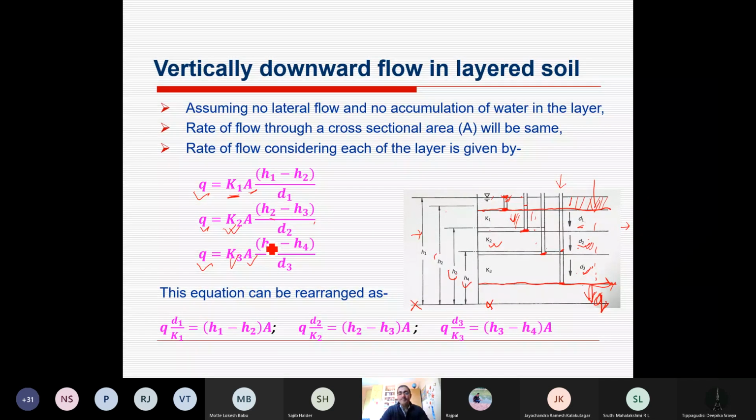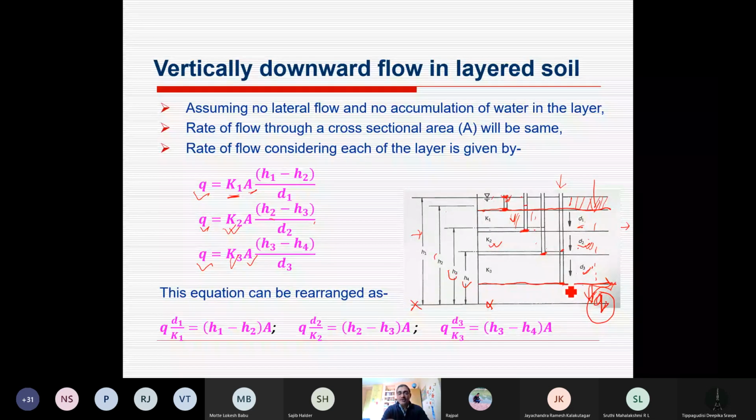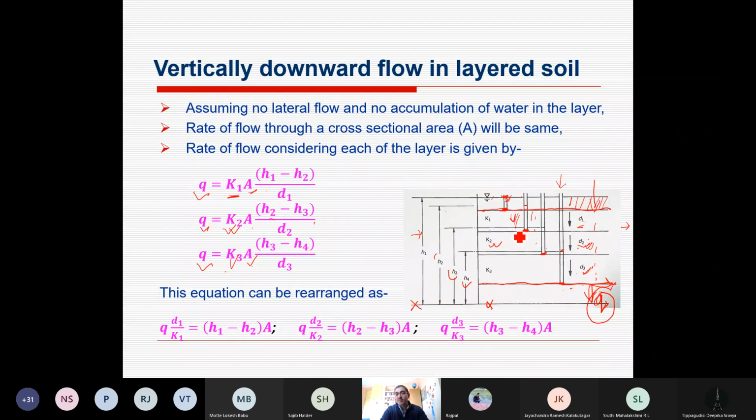In this way, we have the same discharge coming out from the bottom of the third layer in this example. So Q is equal to K1 A, K2 A, K3 A multiplied by the head difference between the top and bottom points of each layer divided by the depth of each layer.